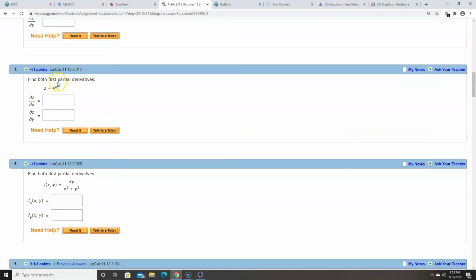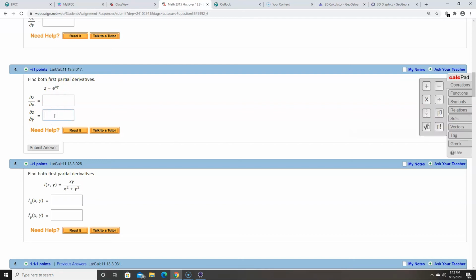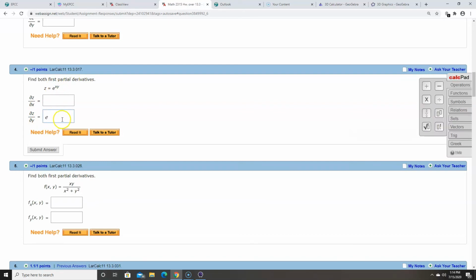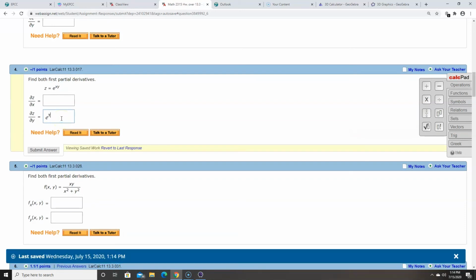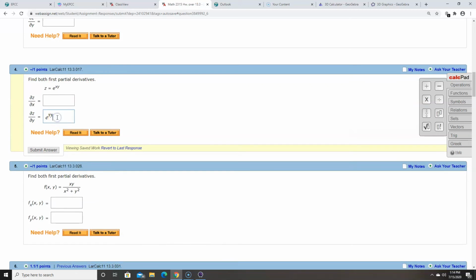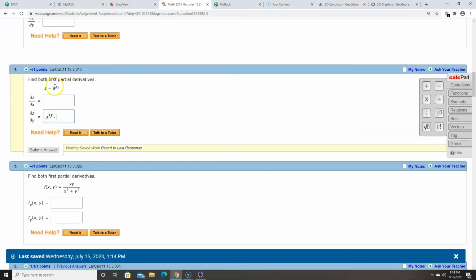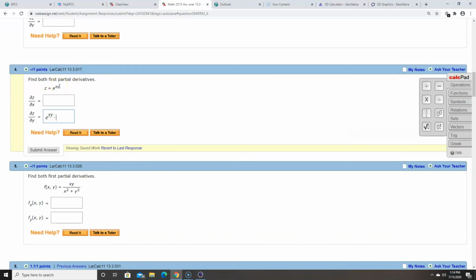The derivative of e to the power is just e to the power times the derivative of the power. And when you take the partial derivative with respect to x, for example, or how about with respect to y, you get the derivative of e to the xy repeats e to the xy times the derivative of the expression inside the exponential function, and the derivative of x times y with respect to y.